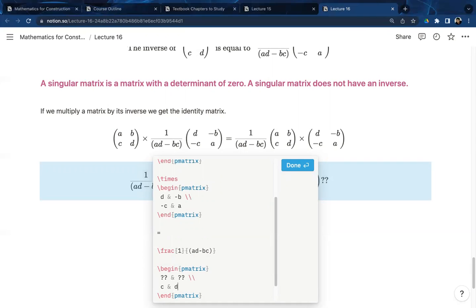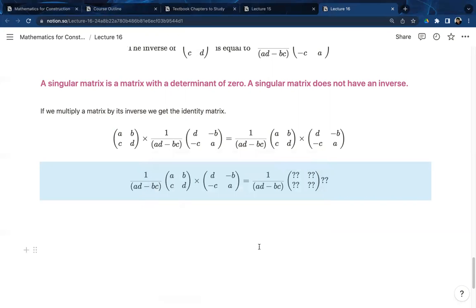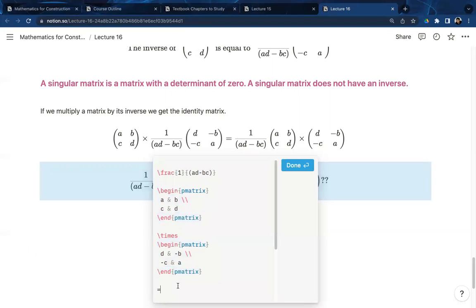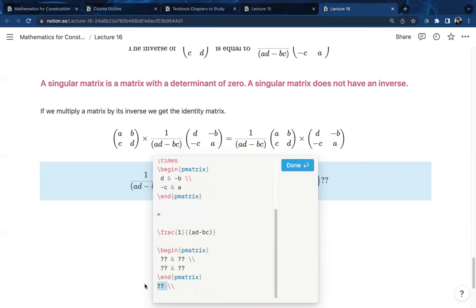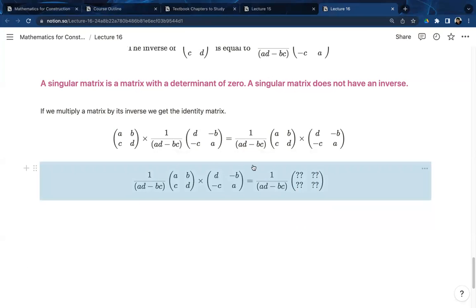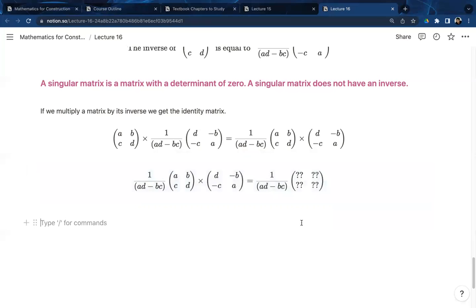It's a 2 by 2 times a 2 by 2, so the answer is going to be a 2 by 2. These two matrices here, when I multiply them, I'll get a 2 by 2 matrix. This number here is on the outside. I want you all to do this for me now. Multiply these two matrices here, the letters, and tell me what you will end up with.